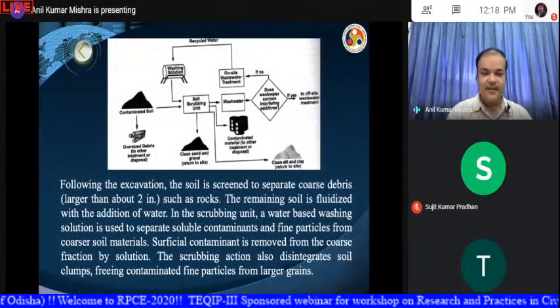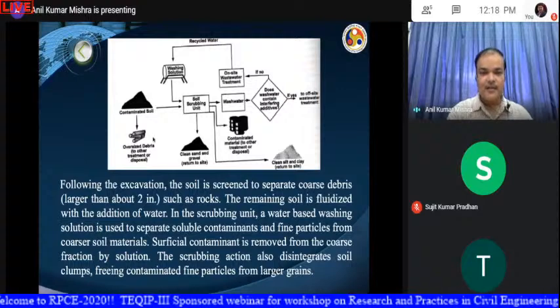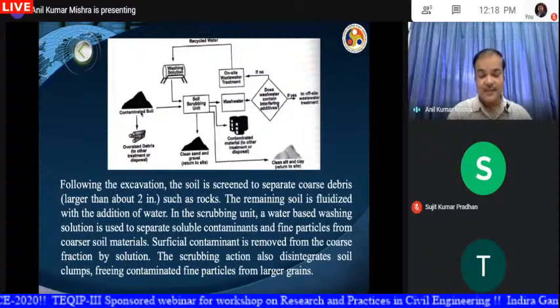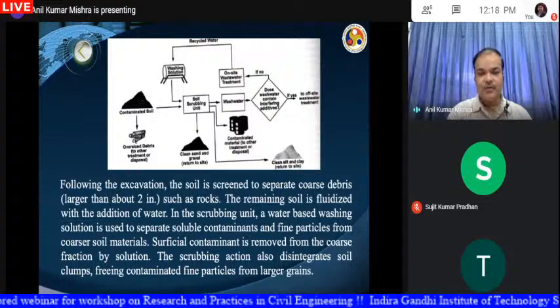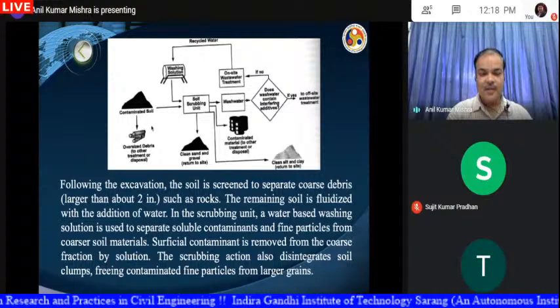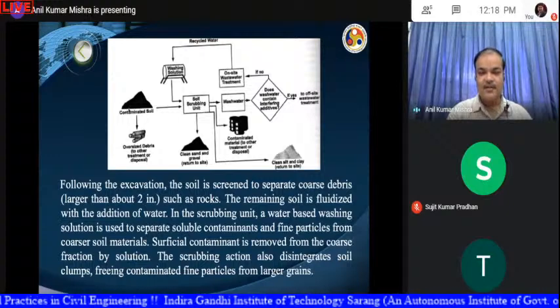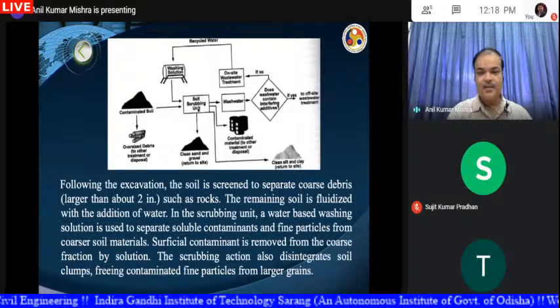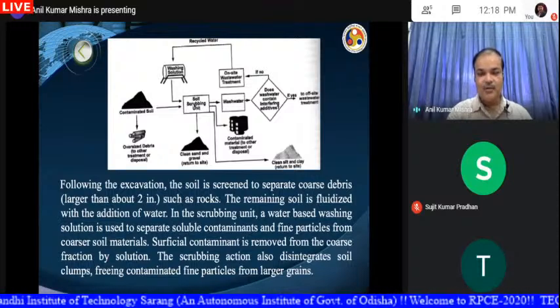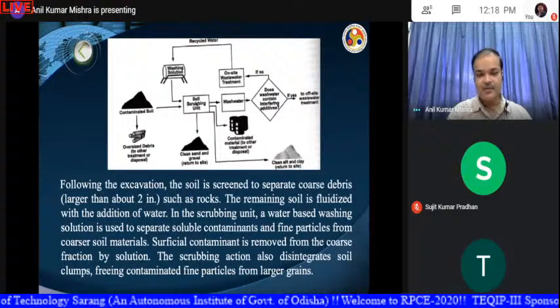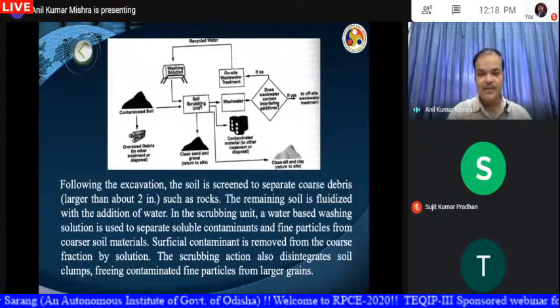So there are different techniques for this. In the first technique, the contaminated soil will be screened to remove oversized debris, and then once these larger particles are removed, the soil will be passed to a soil scrubbing unit where it will be washed with certain chemicals.